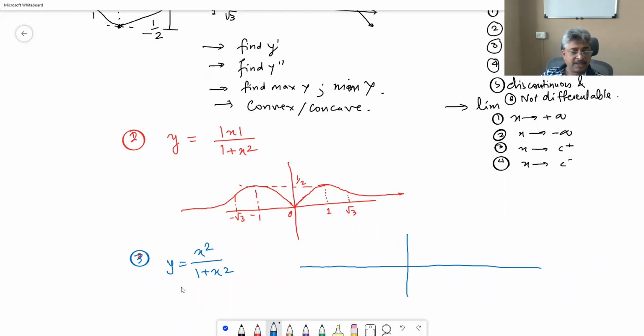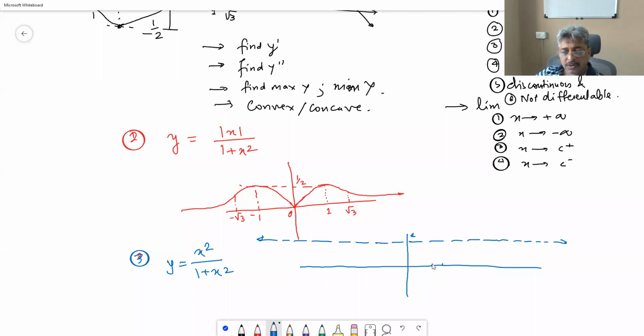As x tends to minus infinity, value of y is also 1. So dotted line at y is equal to 1. That is the maximum value this function can achieve. Actually, it will not achieve. It is asymptotic.